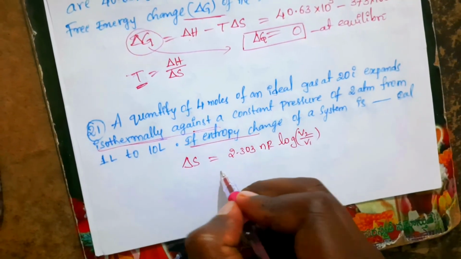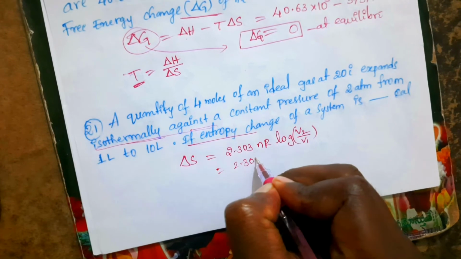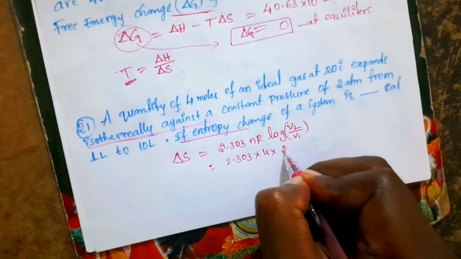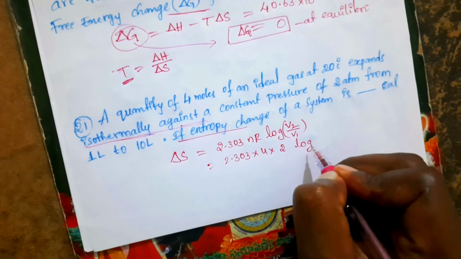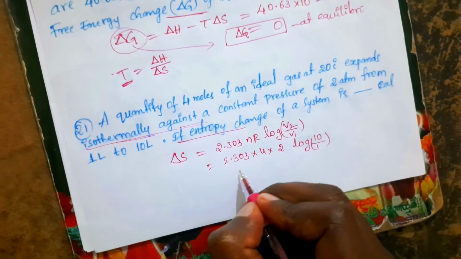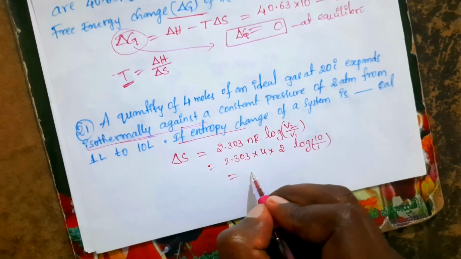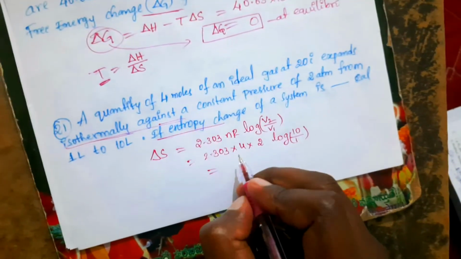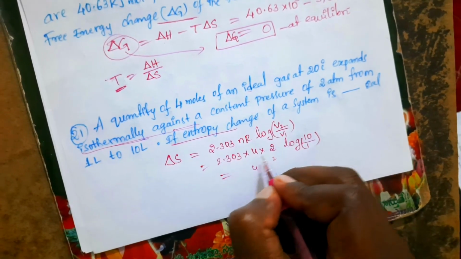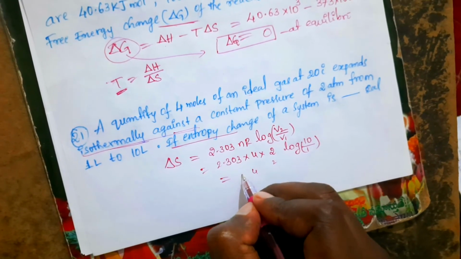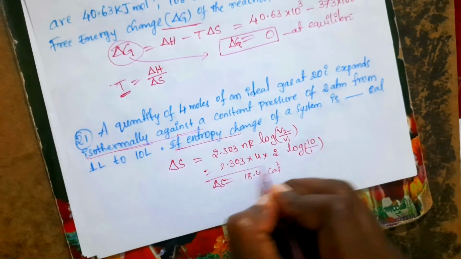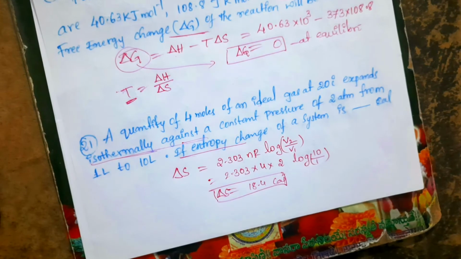So 2.303 into n value 4, R value in calories 2, log of V2 by V1, which is 10 by 1. So it is 8 into 2.3, 8 3s are 24, 8 2s are 16 plus 2, 18.4 calories. Delta S will be 18.4 calories.